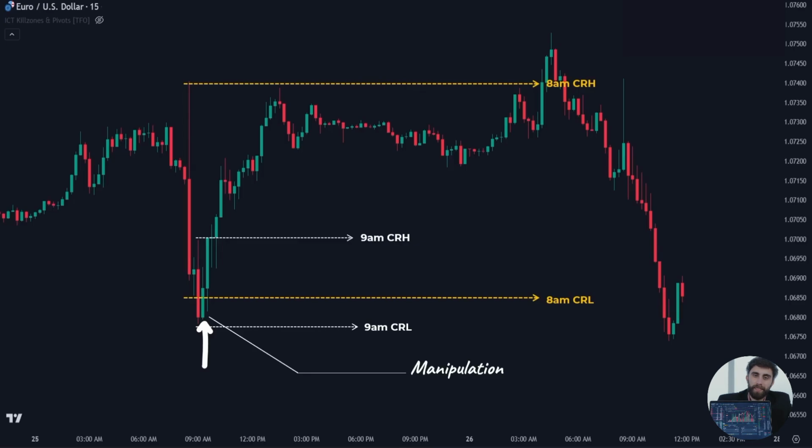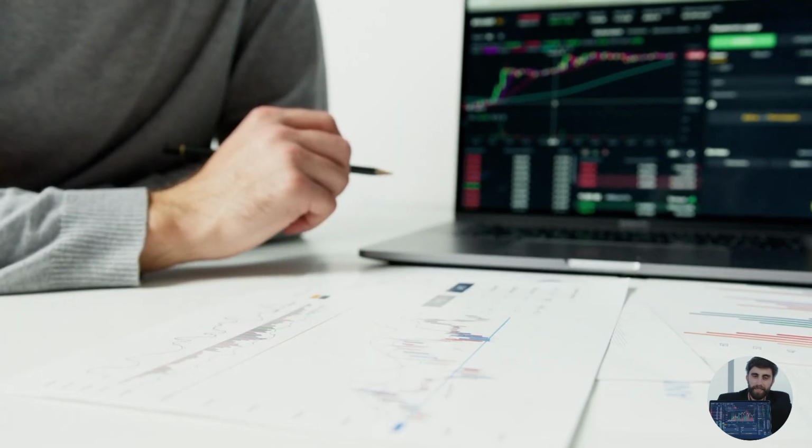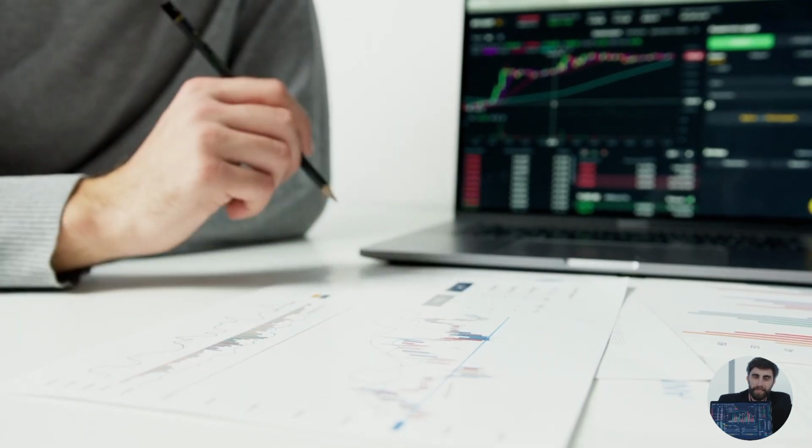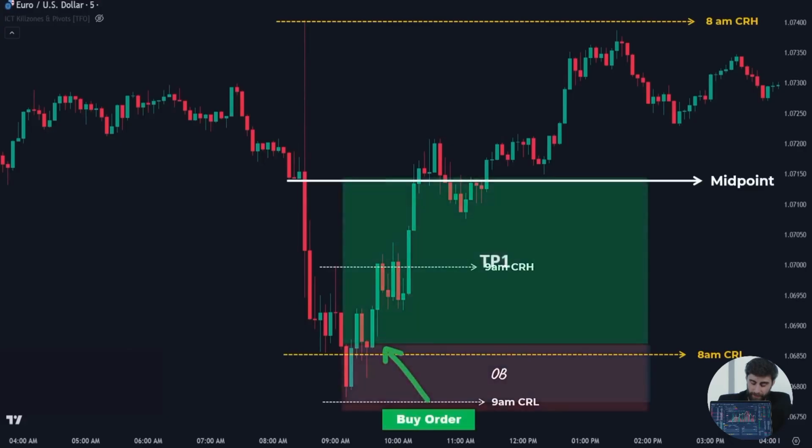Hence, we know that the price is going to move higher and touch the highest point of the range candle. So we are looking for an opportunity to go long, and we need to zoom into the 5-minute time frame or 1-minute time frame to place an entry. To do that, I am going to zoom into the 5-minute time frame and place my entry at the highest point of this order block, and also put my stop loss a couple of pips below the area.